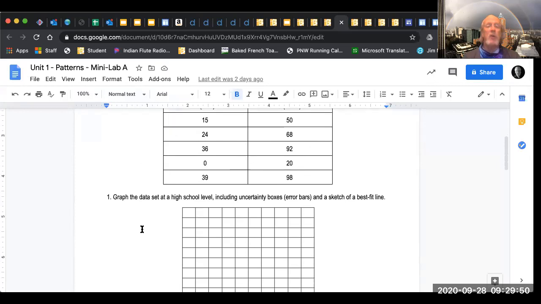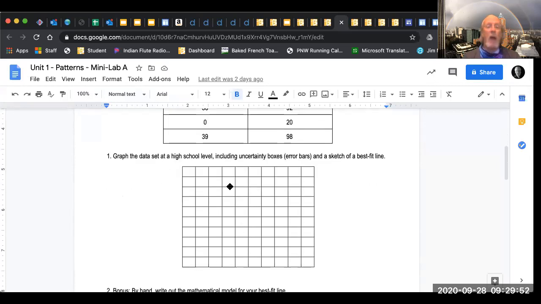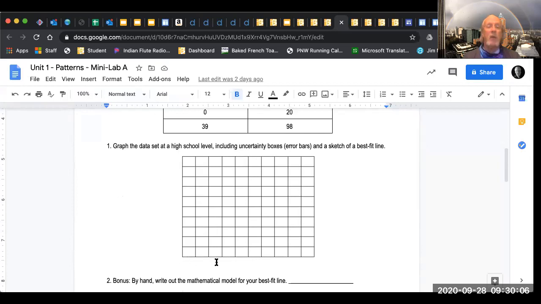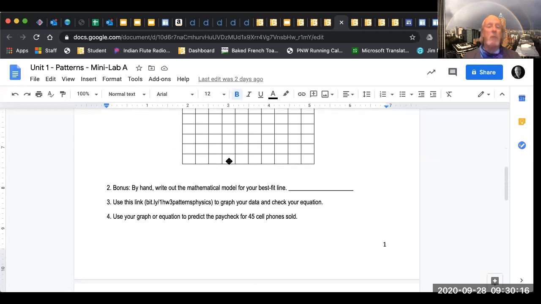So if you're doing this yourself, you could actually graph this. Remember, the independent variable, number of cell phones, is on the x-axis and the dependent variable, paycheck, is on the y-axis. This should be scaled 5, 10, 15, 20 across the x-axis and going up 10, 20, 30, 40 up to 100.